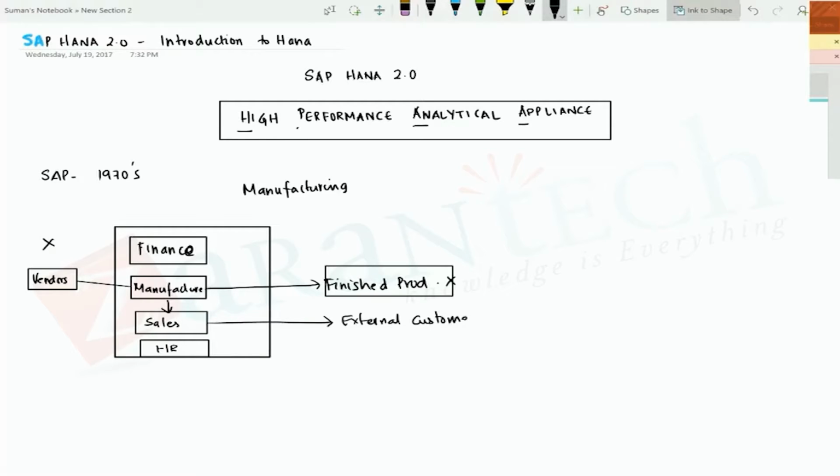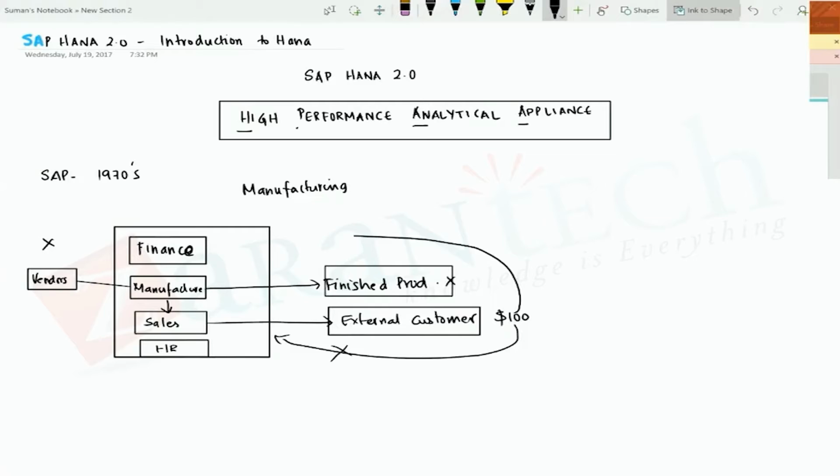When a customer buys this product, let's say this particular customer pays $100 for this product, the money does not go back to the sales department. What happens? The money directly goes to your finance department.